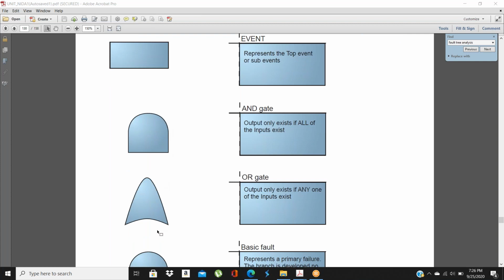Now the OR gate. What is the OR gate? Let's suppose we have three input events here and one output. OR gate means this is a parallel system. If any of the input events occur, the output event will happen.